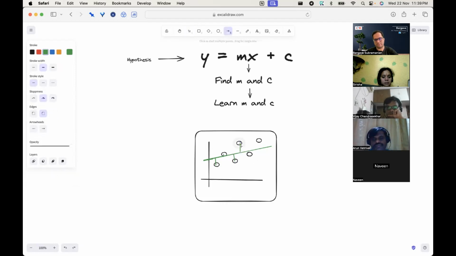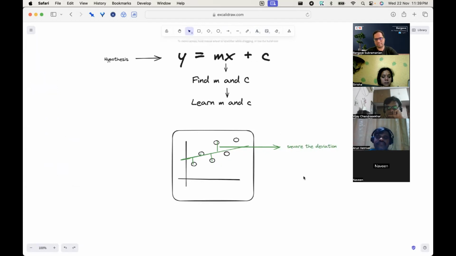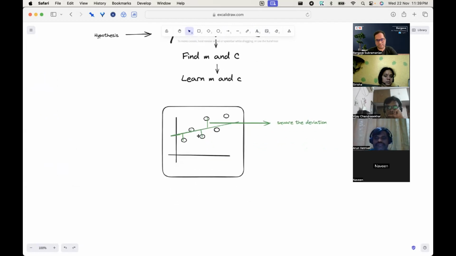Now for all of it, we're going to square the deviation. This is where the difference is, right? So now I will square the deviation and then sum it up.